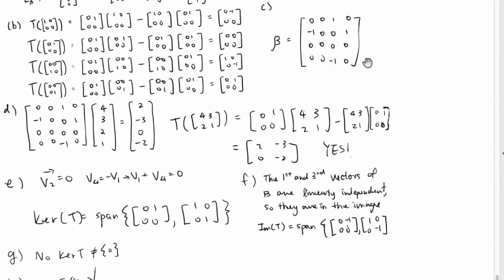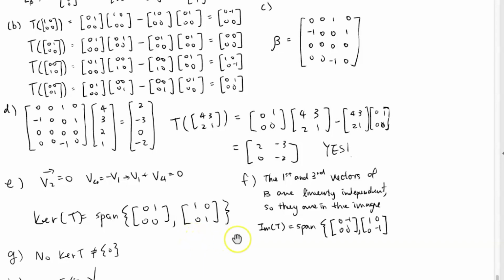And secondly, I can recognize that column 4 is negative column 1, so if I use vector 1, 0, 0, 1, I would also obtain the vector 0. So these two elements are in my kernel, and of course any combination of them is also in my kernel. So the kernel is the span of 0, 1, 0, 0 and 1, 0, 0, 1.